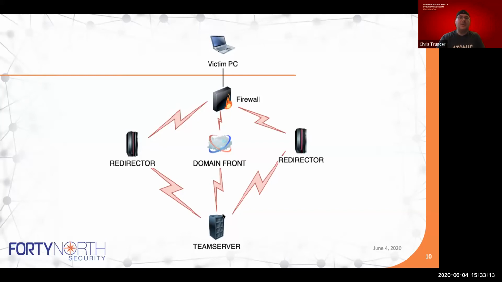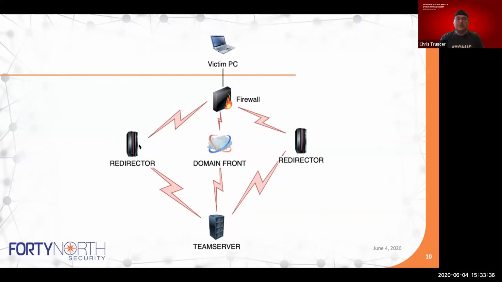There's obviously more to it than just that, but that's the reason why we will have some of these different paths. Like I mentioned, these redirectors act to redirect traffic so that as the victim PC goes out the firewall, it doesn't actually go directly to my team server. It goes to my redirector, let's say over here on the left. That redirector then will, through one means or another, forward that traffic on to the team server.